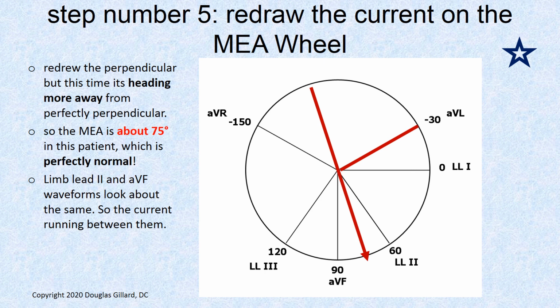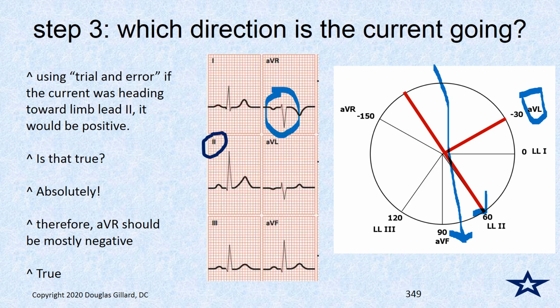If it's heading between limb lead 2 and AVF, these two should look pretty much the same with regard to the QRS complex. And is that true? So limb lead 2, it's almost completely uniphasic. It's just got that little piece right there. How's AVF look? Looks almost exactly like that as well.